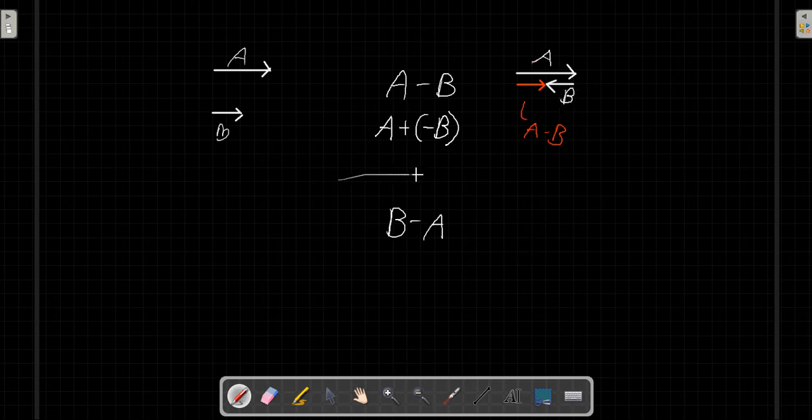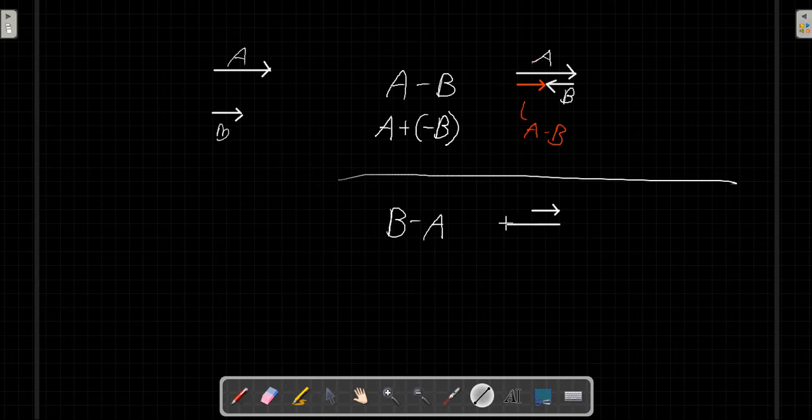And so now the question is, why is B minus A different? Well, take a look. So again, we have B, which is 2 in this direction, and you add negative A, which is 4 in this direction, and you draw the resulting arrow from the tail of B, of the first one.